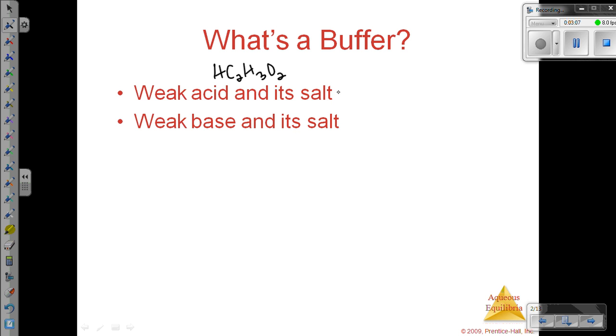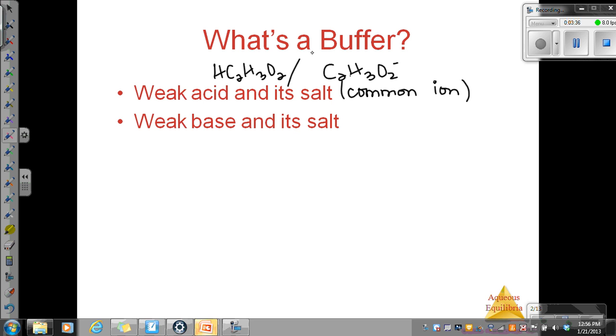And then its salt, you're going to have your common ion that's going to be present. So if you think about what the conjugate base of this would be, you're basically taking that hydrogen away to end up with an acetate ion.